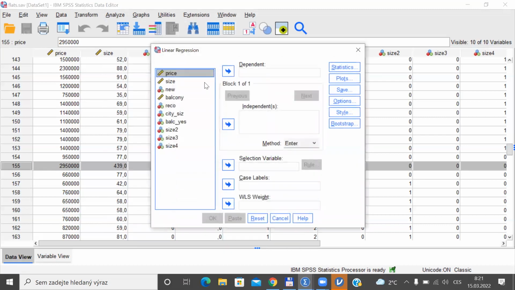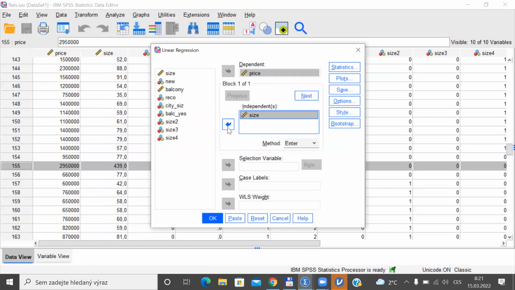I can, for simplicity, take only price as dependent, and as we didn't include it centered, we would enter only size into our data for this brief introduction of regression diagnostics. So price versus size, and if you would like to find influentials in SPSS environment, you need to visit option which is Save. So the third one here on the right side.